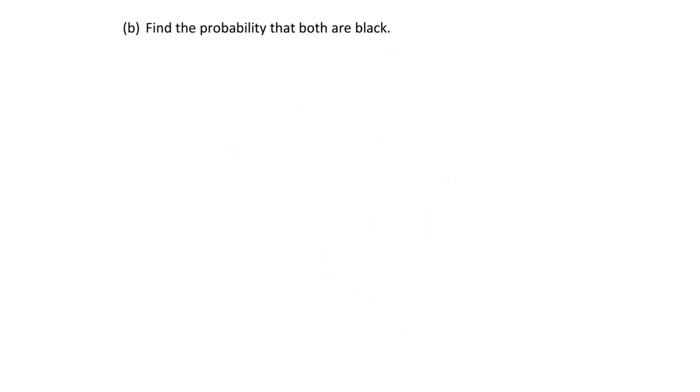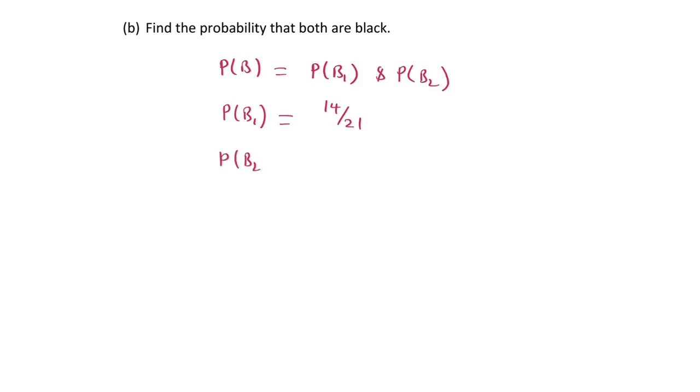Part B, we are supposed to find the probability that both are black. Okay, so probability for both are black equals probability of a black for the first drawing and then probability of a black for the second ball. And something to remember is that "and" in probability means we have to multiply. So from the tree diagram above, probability of a black for the first drawing equals 14 over 21, and probability of a black for the second ball equals 13 over 20.